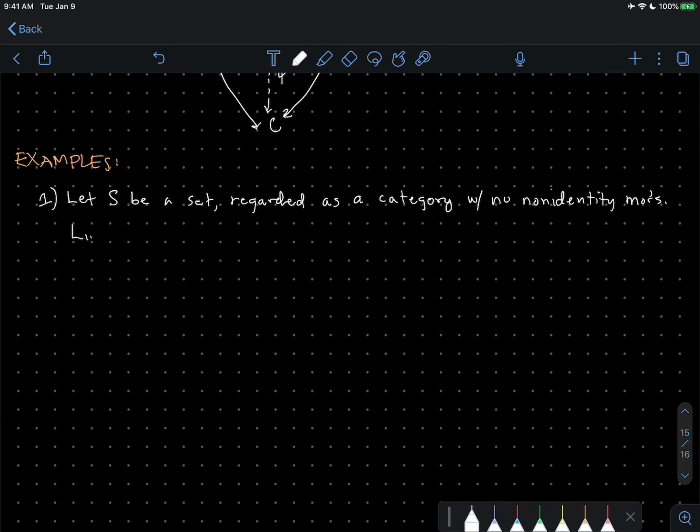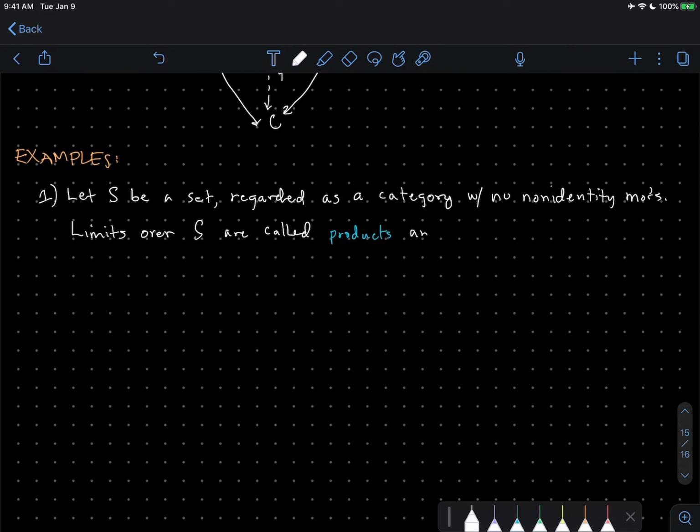Then limits over S are called products and colimits over S are called coproducts.